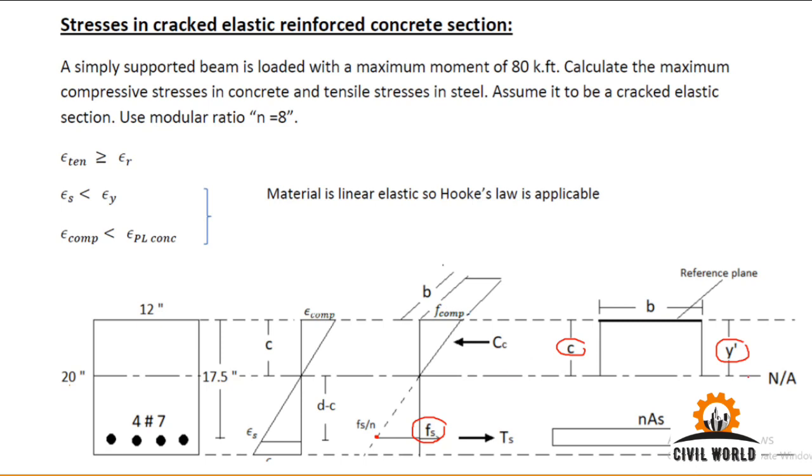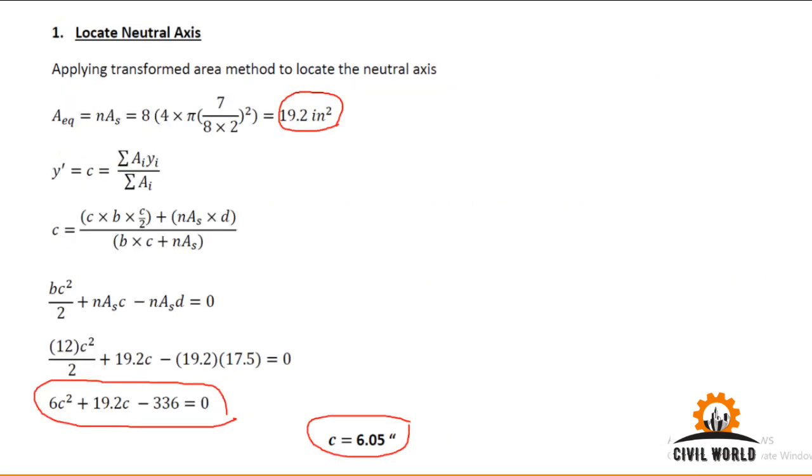Now you have located your neutral axis, and you can use your flexural formula to calculate stresses at any point. You just need the location of that point and the distance of that point from the neutral axis, and you can calculate your stresses in concrete, and similarly you can calculate stresses in steel.